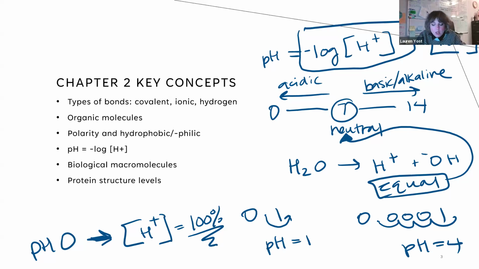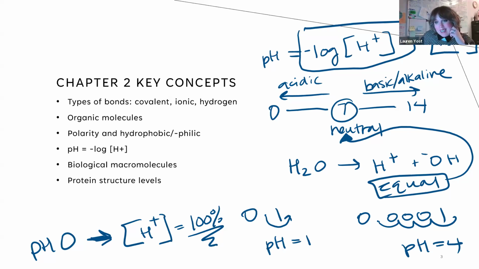All right. And so this is all based around water and that the H pluses and the OHs are equal. So really what you're talking about when the pH itself goes lower, when you approach 0, you're having more hydrogen ions approaching 100%, hopefully never getting there. Or as you approach 14, you're approaching 0.00000000000001, 14 decimal places over, which is as close as we're going to get out there.